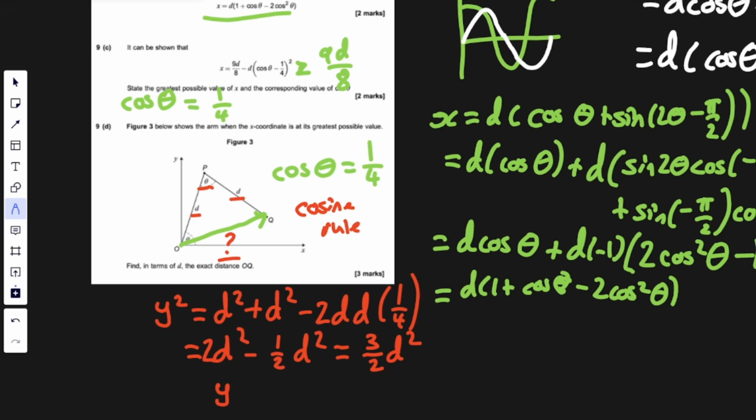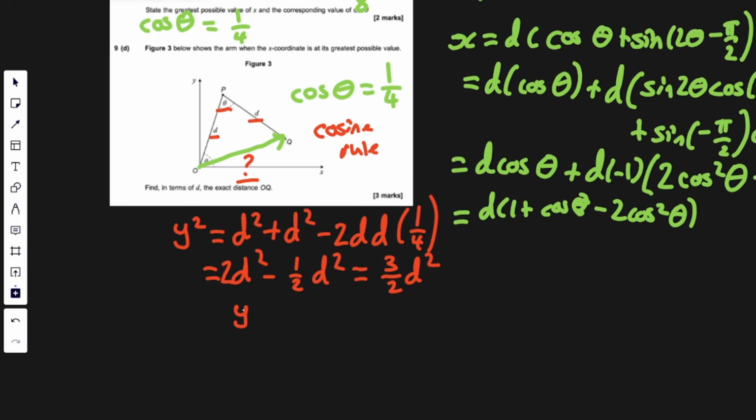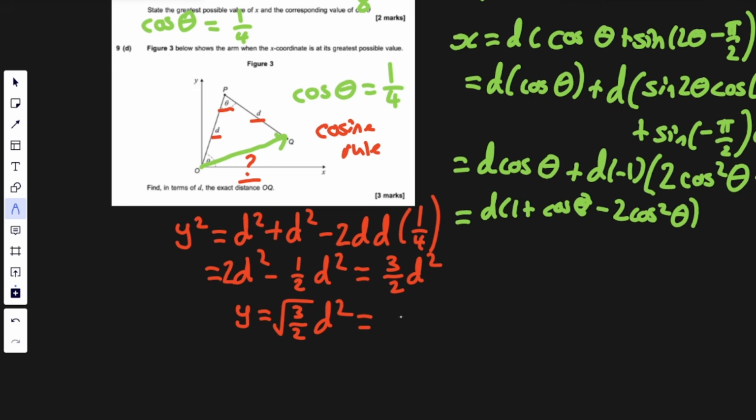So y, which is what we're after, our unknown, is hence going to be equal to the square root of this. So equal to the square root of 3 over 2 d squared, which we should simplify to be square root of 6 over 2 d. Oh, no square on the d.